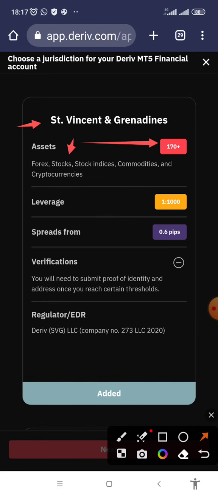Now, the maximum leverage you can have with this type of account in St. Vincent and Grenadines is 1:1,000, which is very good. This leverage is very, very good. The spread ranges from 0.06, which is also one of the best.